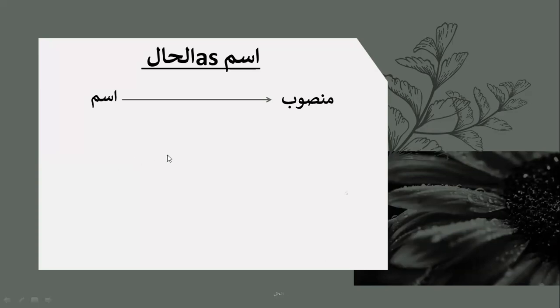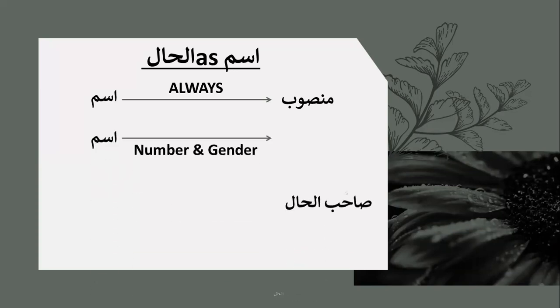First of all, let's do an overview. It's always mansoob, always nasab. Ism, with sahibul hal, will always match in number and gender. There is a case where it doesn't match. I'll tell you later. But it is a rule that number and gender should match.